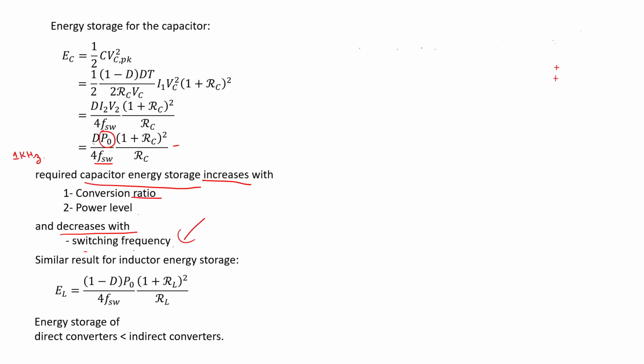Okay? So in the past, when the speed of microcontroller was not so good, electronic devices needed to be big. The size, storage size, every other thing needed to be big. But with the high speed of microcontroller that can switch very fast, then we can reduce the size of electronic devices or filter size.